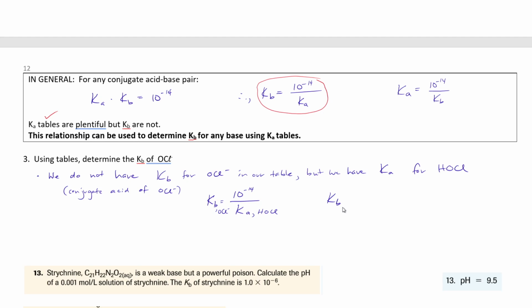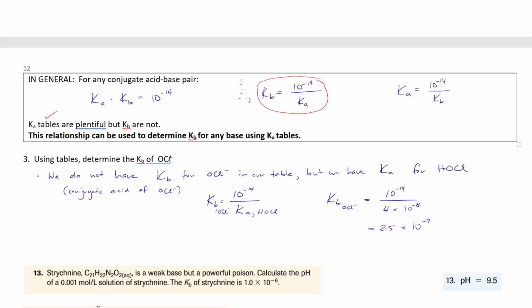So Kb of OCl minus is equal to 10 to the negative 14 over, and if I look up the Ka value for HOCl on the table, I get 4 times 10 to the negative 8. And so my Kb value is approximately equal to 2.5 times 10 to the negative 7.